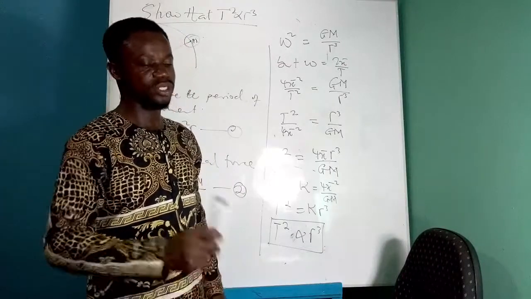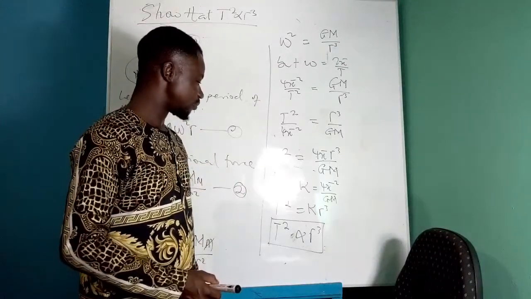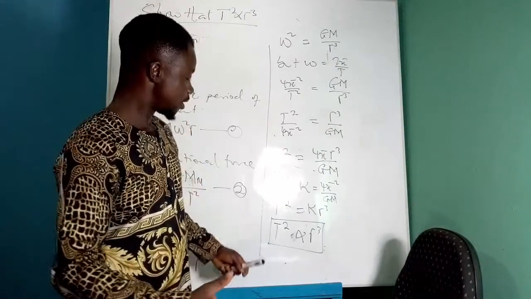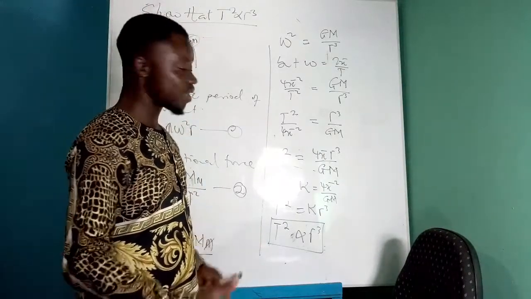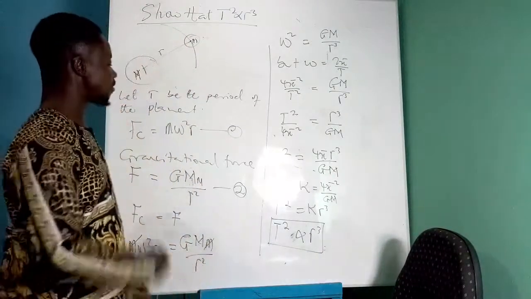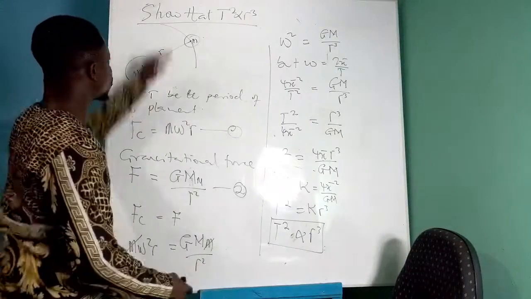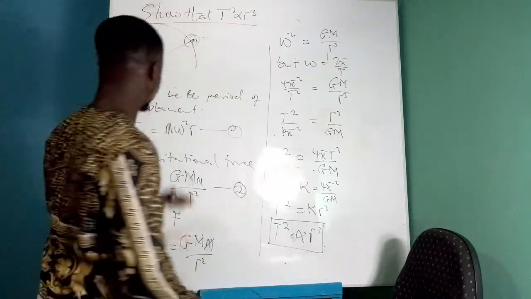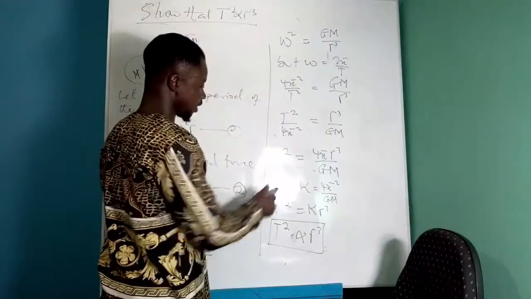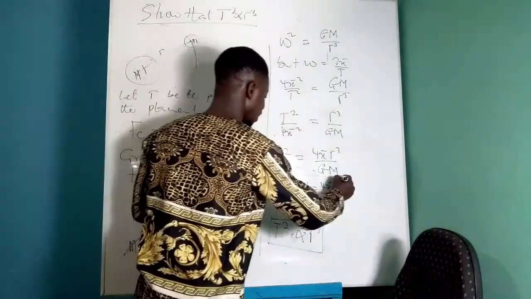You remember, I have already spoken about the formula for finding the period of a satellite. If you want to find the formula for finding the period of a satellite, you go through the same process. Then when you get to this point, you don't come this far.